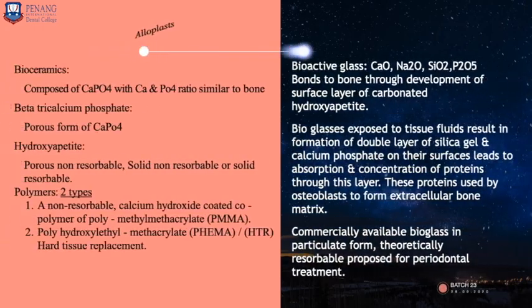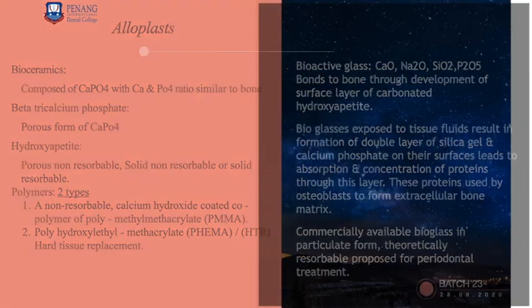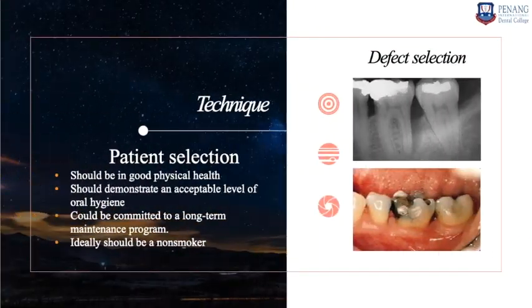So coming on to the technique. We start with patient selection. When you want to do a regenerative surgery in a patient, the patient should be in good physical health.